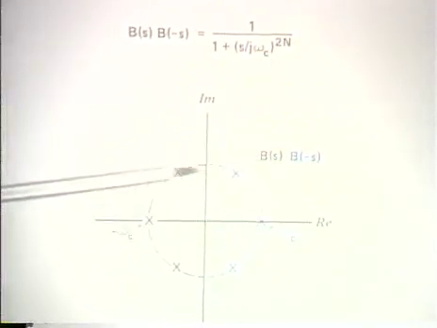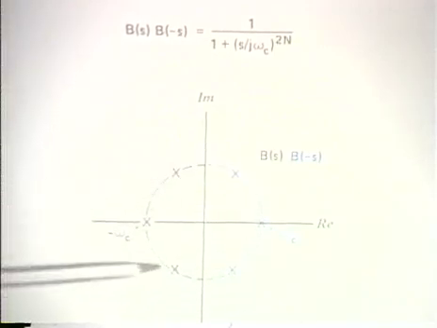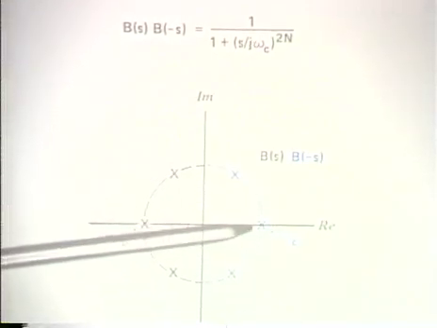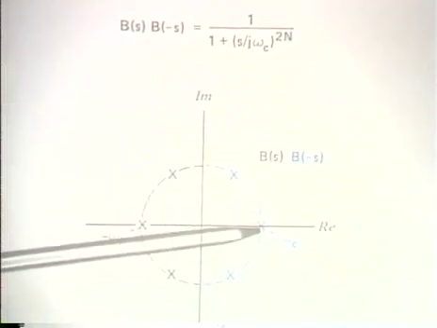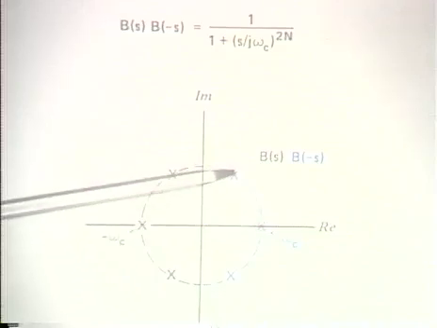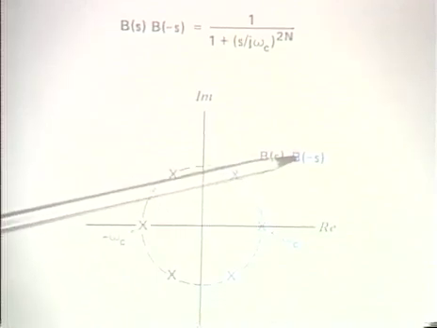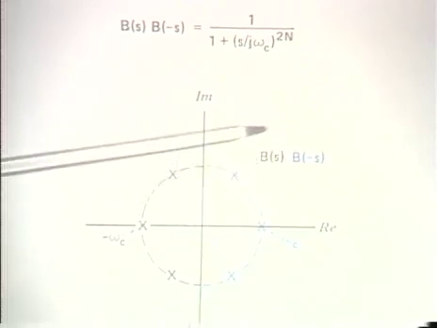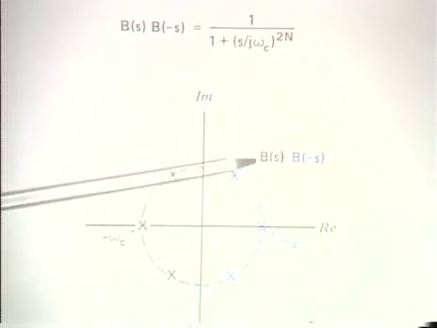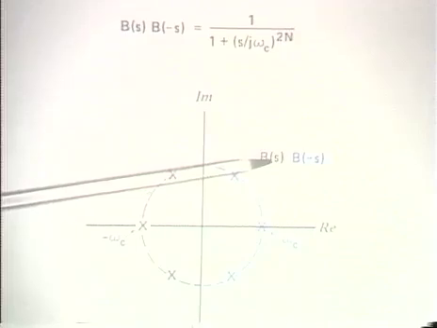So there are a total of 6 poles around this circle, and for this specific case, the poles are spaced by 60 degrees. Now, we have B of s times B of minus s. To get the system function for the Butterworth filter, we'd like to get B of s. And the question now is, how do we get that?